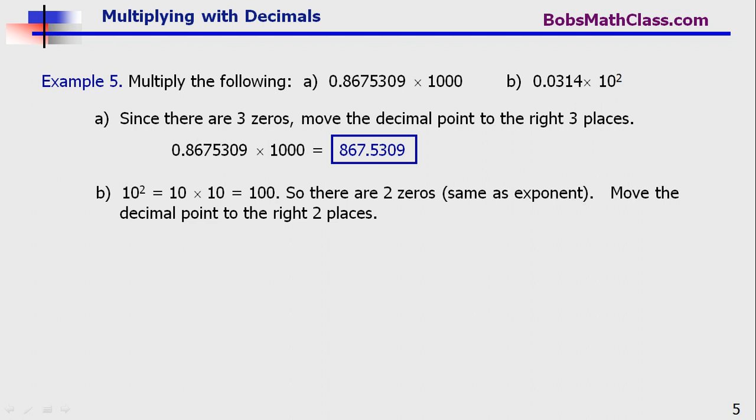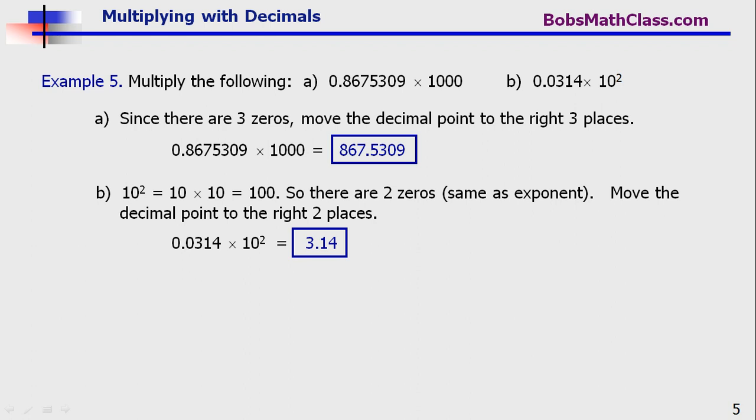Ten squared is 10 times 10, which is 100. So there's 2 zeros. Move the decimal point to the right 2 places. So where's our decimal point going to be? Right, between the 3 and the 1, because we have to move it over 2 places to the right.